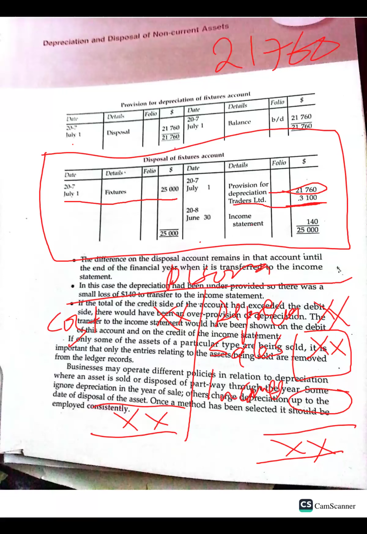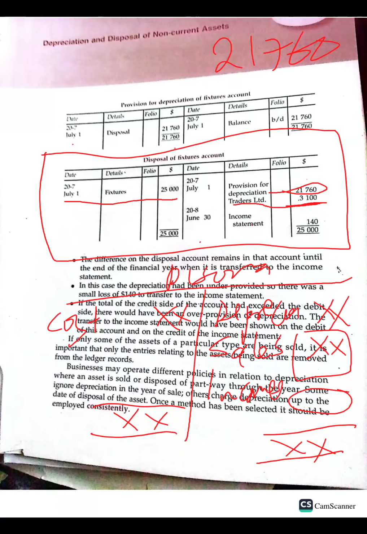You're going to debit the income statement. And why are you debiting the income statement? This is because this was actually a loss. All the losses are debited in the income statement.